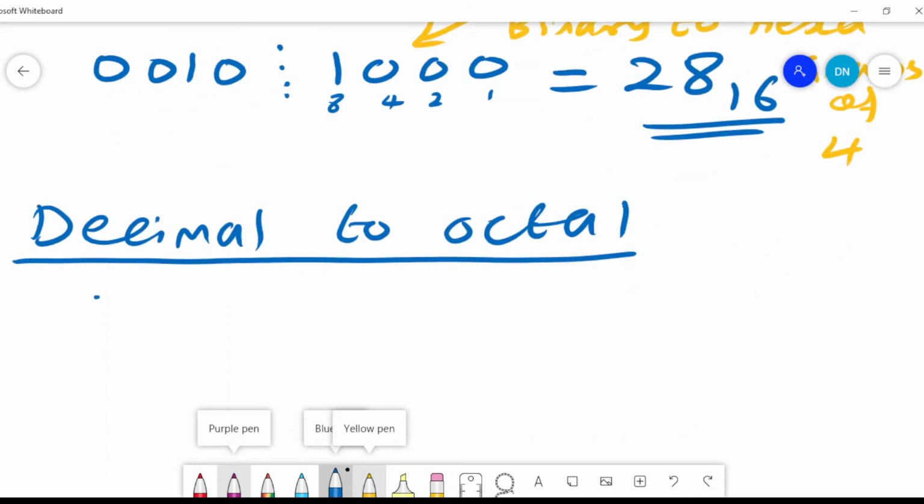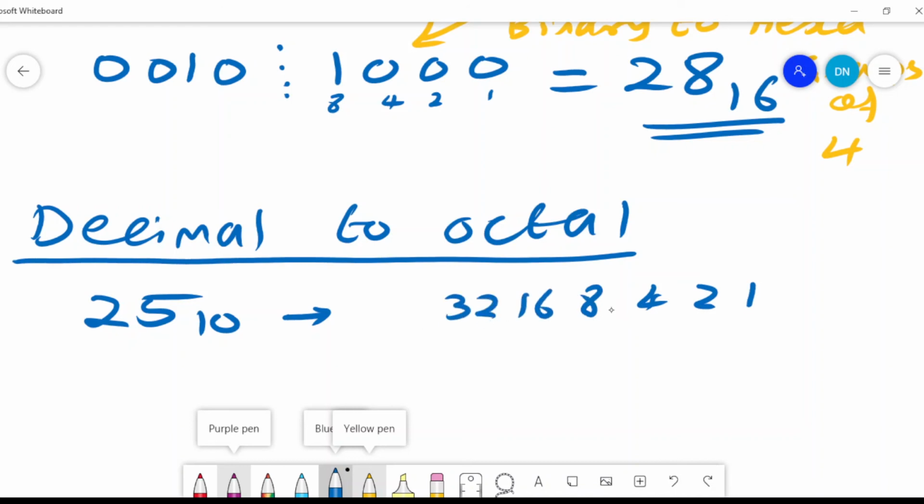So if 25 to base 10, first of all I'll move from decimal to binary. 1, 2, 4, 8, 16, 32. So which combination of numbers? It can't be 32, so 16 is one of them.